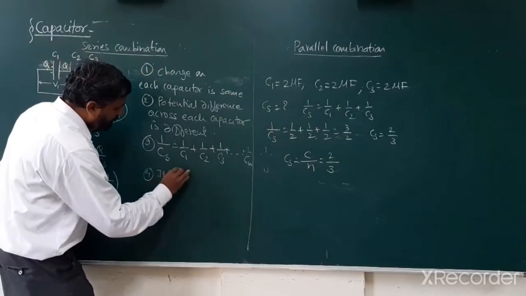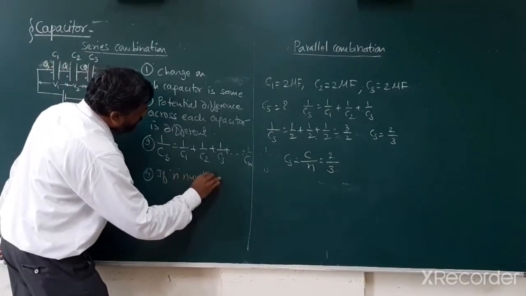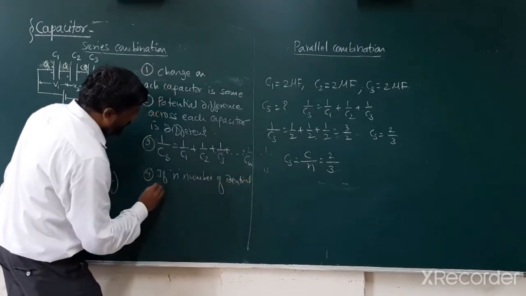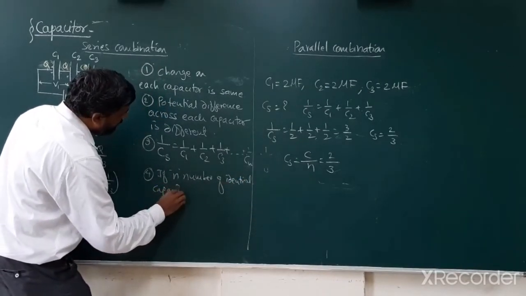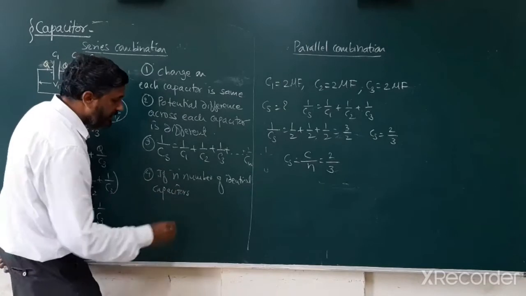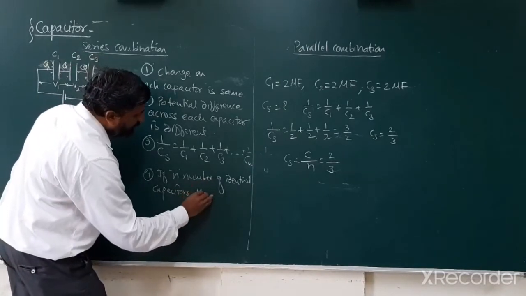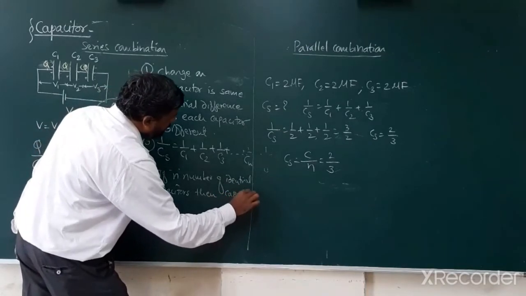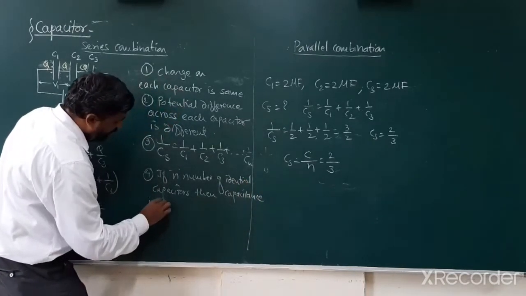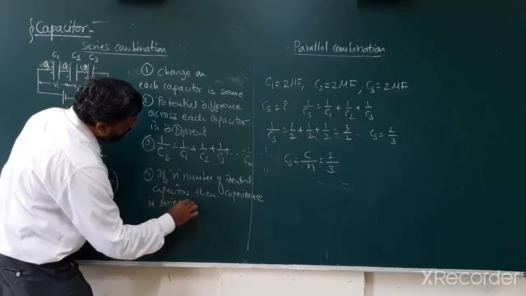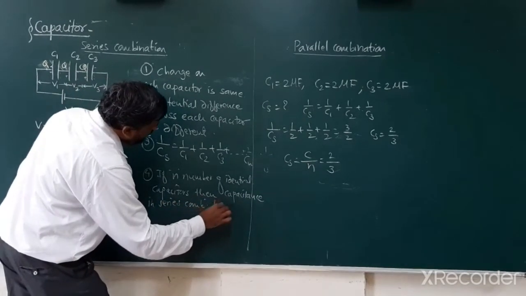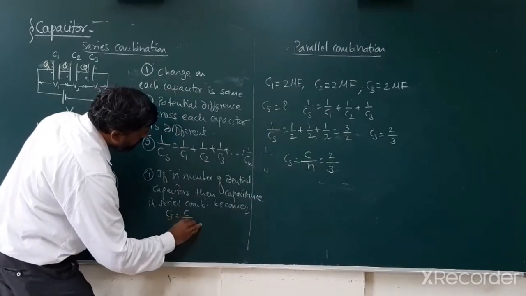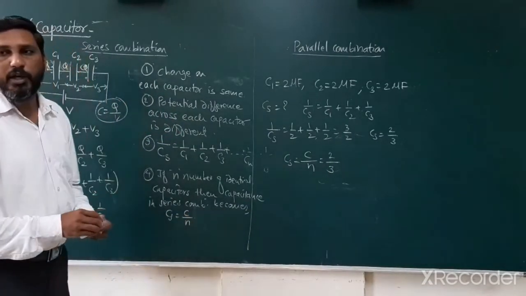If n number of identical capacitors are there, then capacitance in series combination becomes Cs equals C by N. This is a simple shortcut trick.